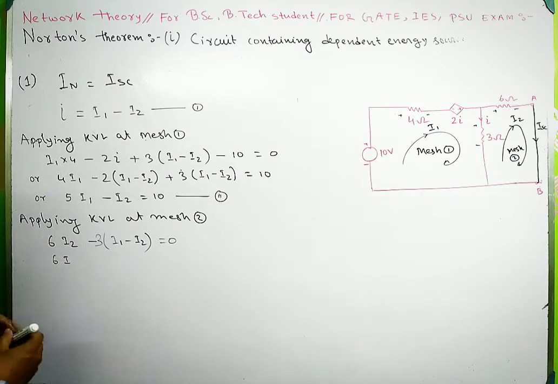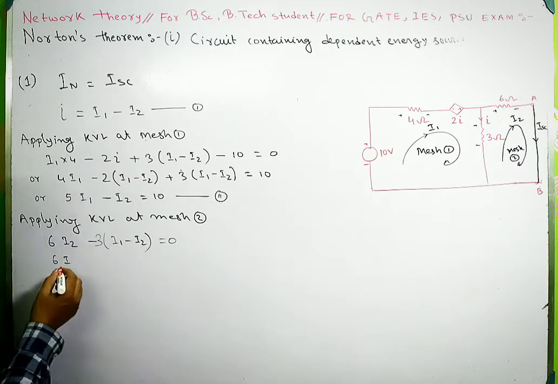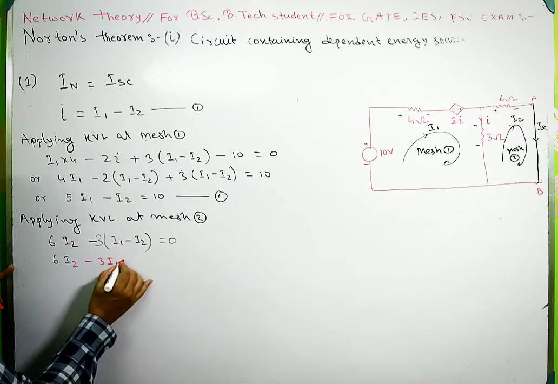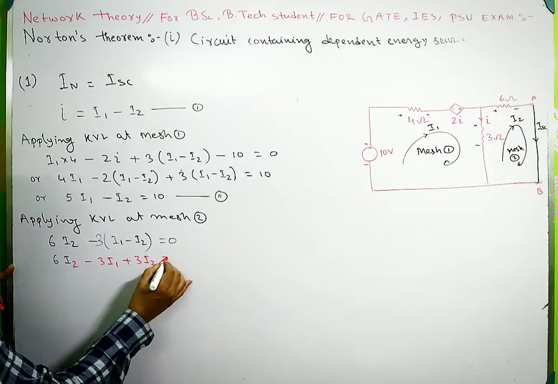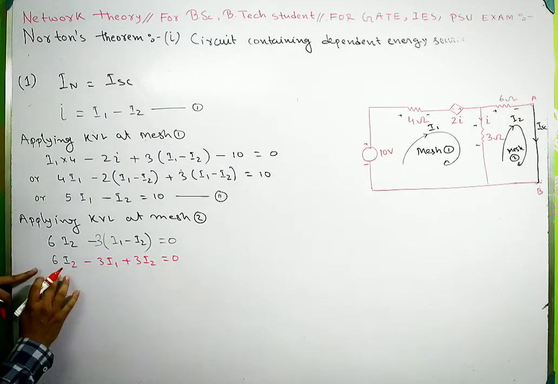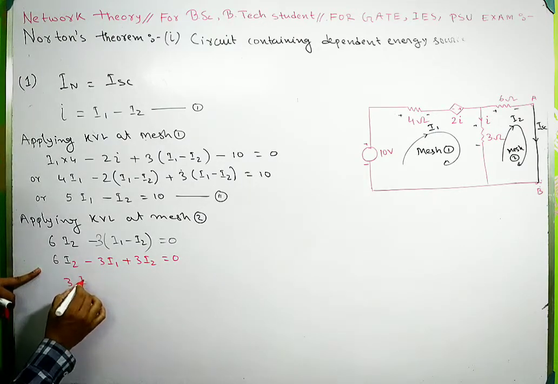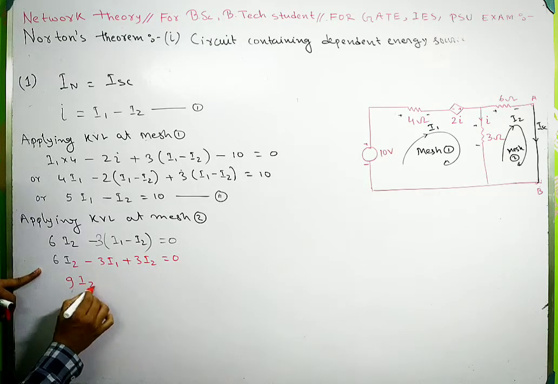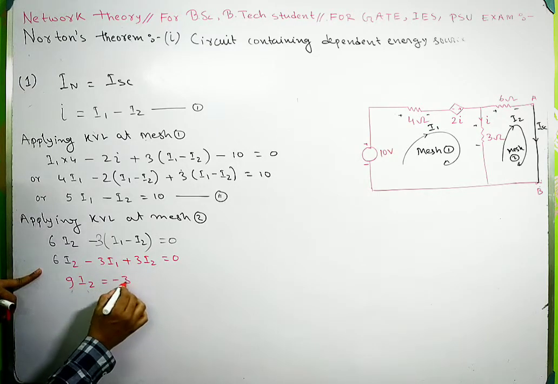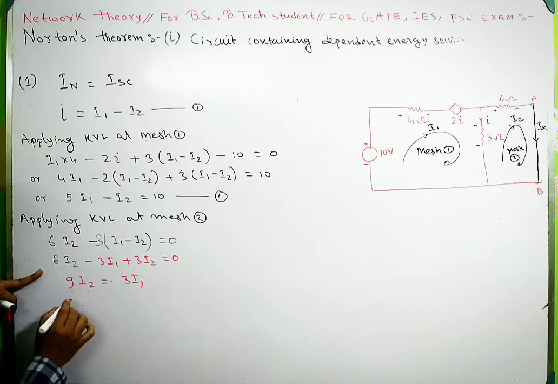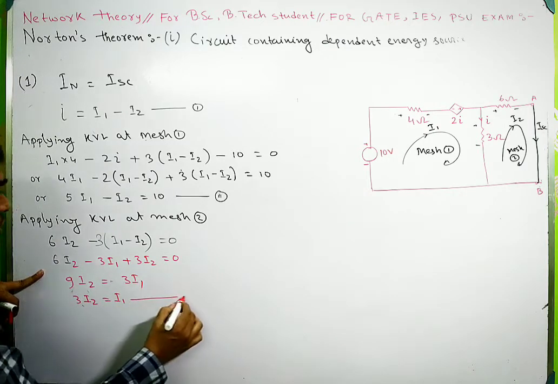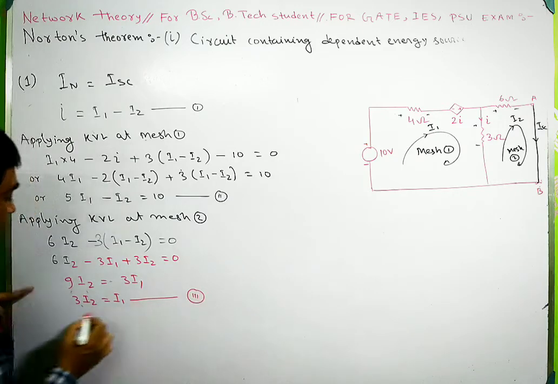Okay, so 3 into I1 minus I2, so it will be 6I2 minus 3I1 plus 3I2 equals 0. So 9I2 equals 3I1, so 3I2 equals I1. So this is equation number 3.